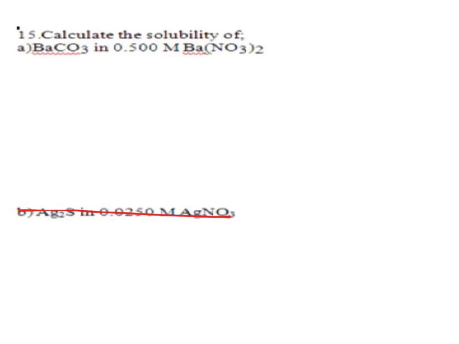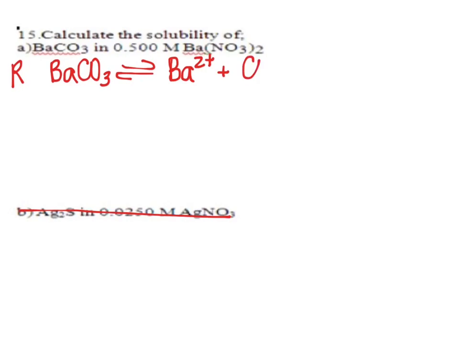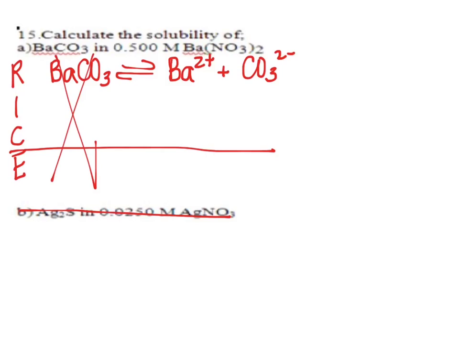Okay? So the very first thing is we can go ahead and just start our RICE table like usual. So we have barium carbonate, and it's going to break into barium 2+ and CO3 2-. Is everybody okay with that? Now initially our solid still gets crossed out.